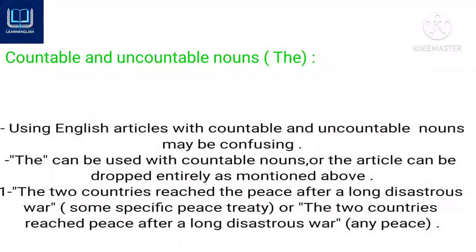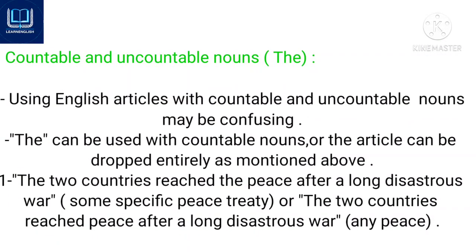Countable and uncountable nouns using the article the. Using English articles with countable and uncountable nouns may be confusing. The can be used with countable nouns, or the article can be dropped entirely as mentioned above. 1. The two countries reached the peace after a long disastrous war: some specific peace treaty.